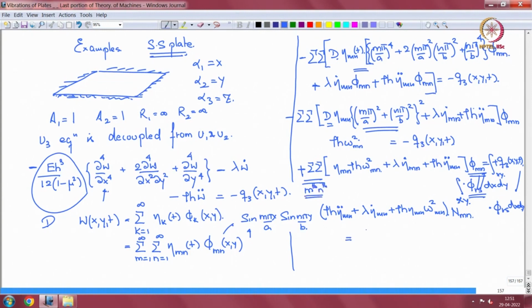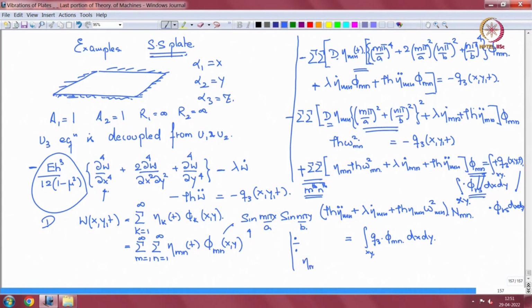That is equal to integral over xy q3 phi mn dx dy. So this we will call, let me divide by rho h.